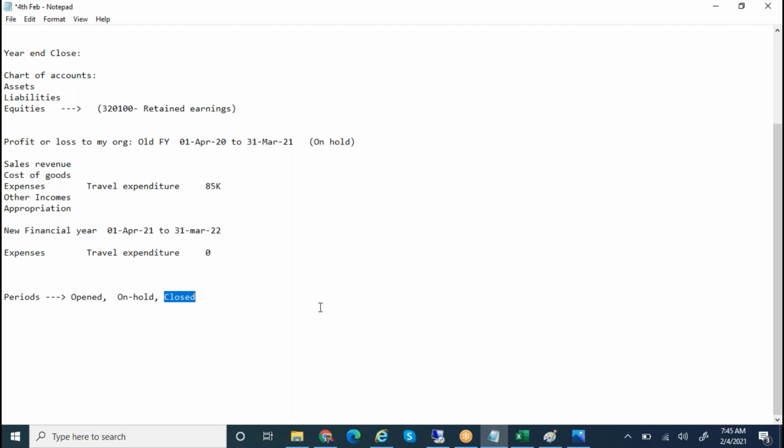I'm not going to do any transaction further. It is frozen. Then for those periods, I can make it closed. 2013-14, I'm not going to make any changes, yes, I can make it closed.